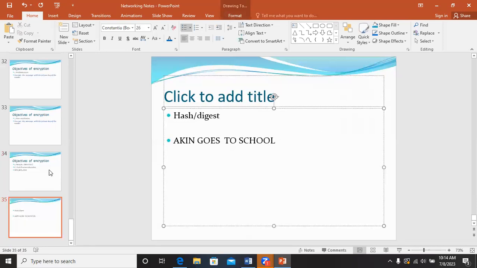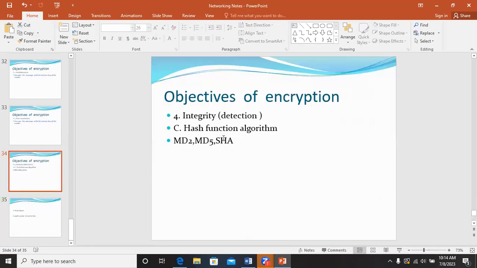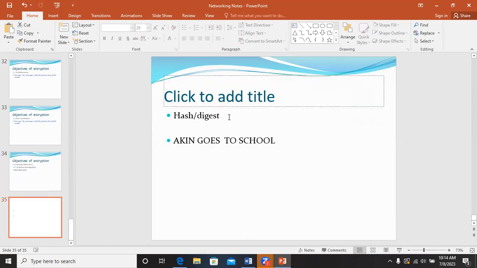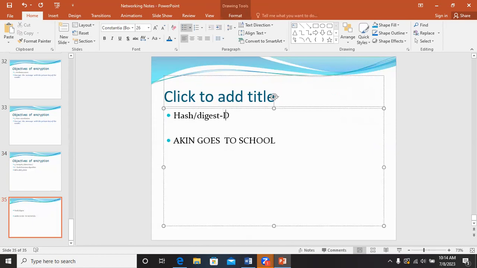We can pass it to a secure hash algorithm, maybe SHA, to create a digital summary of that message. Let's assume the digital summary is this. It's always something nonsensical. The idea is you can't really understand it.